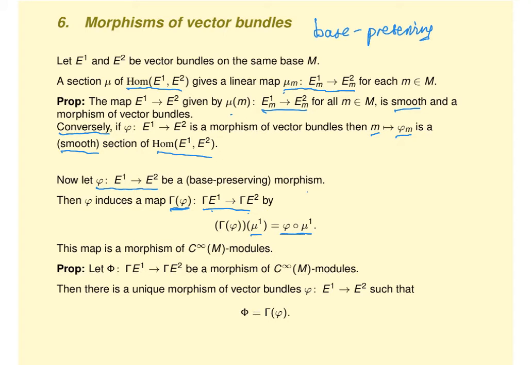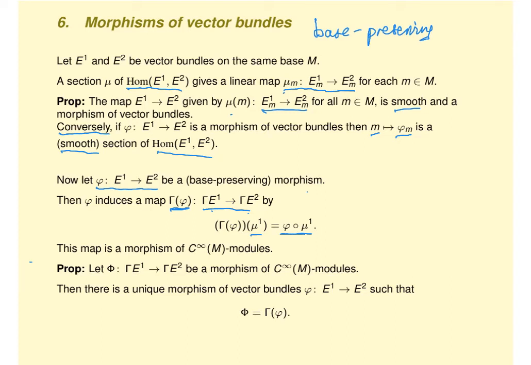So it's easy to see, it doesn't really need a proof. This map, gamma phi, is a morphism of C infinity(M) modules from gamma E1 to gamma E2. Because if I multiply mu1 pointwise by a function f, then it will simply come out through phi, because phi is a linear map defined fibre by fibre.